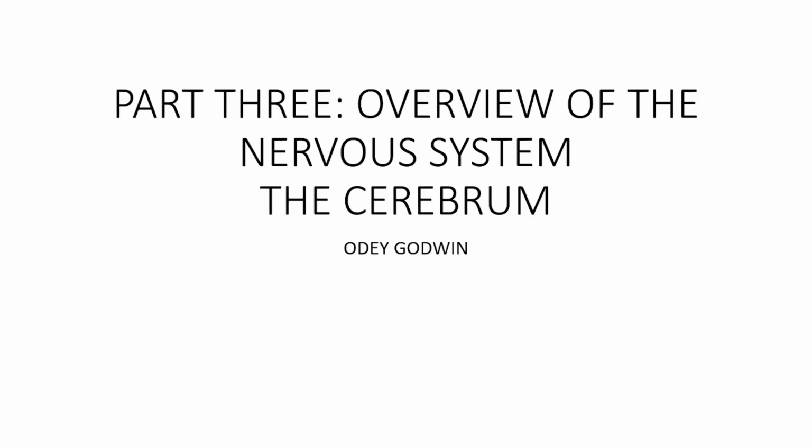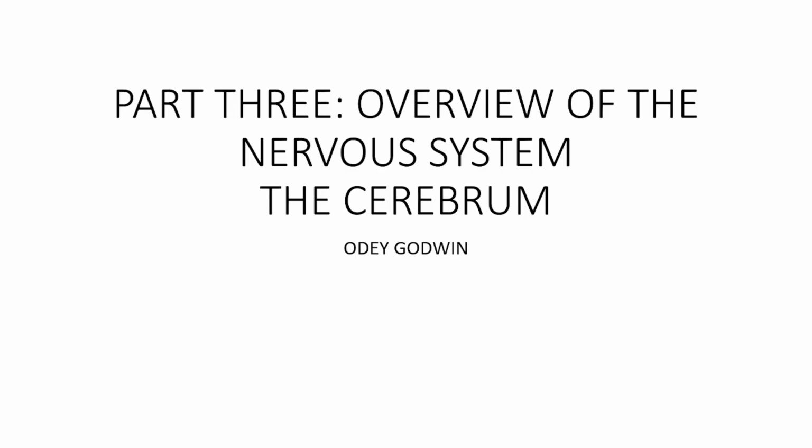We want to continue with part two of the overview of the anatomy and physiology of the nervous system. Today we want to intentionally talk about the cerebrum. From the first class we had, we said the central nervous system is divided into two, the brain and the spinal cord.